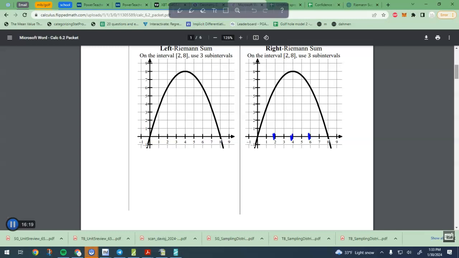So the base of this rectangle is 2. But now the height of it, I'm going to look at the right-hand side of that interval between 2 and 4. Pretend that's the height for that entire interval. So this will be 2 times f of what? F of 4.